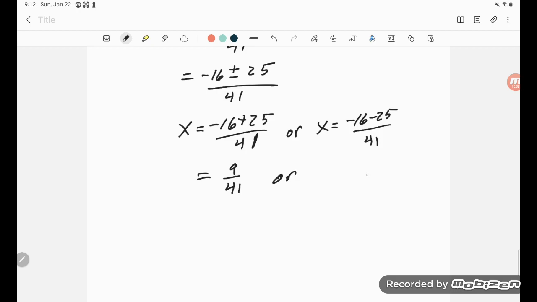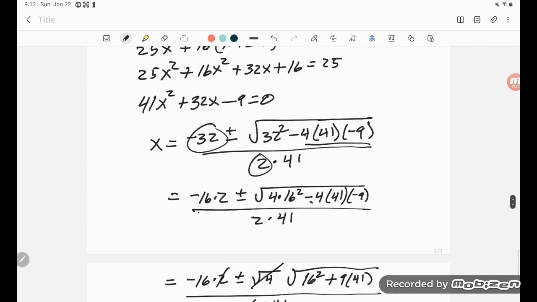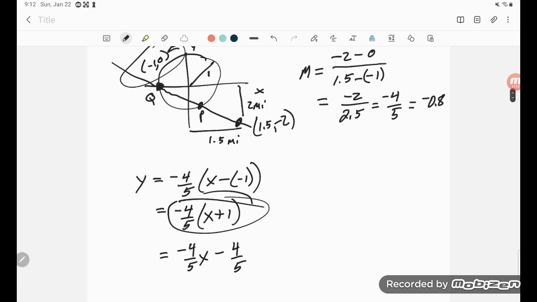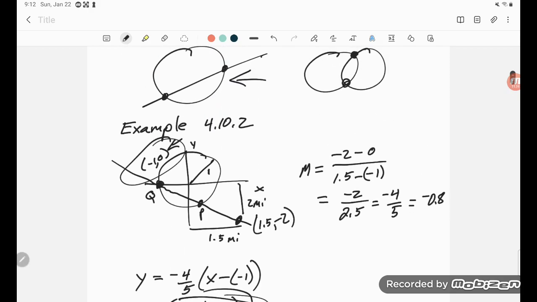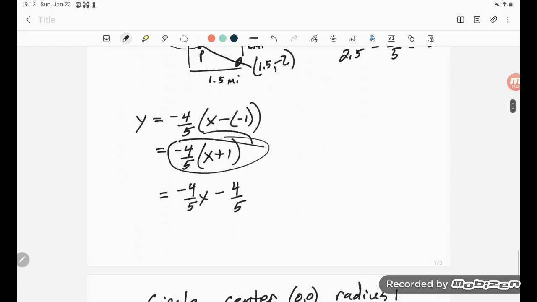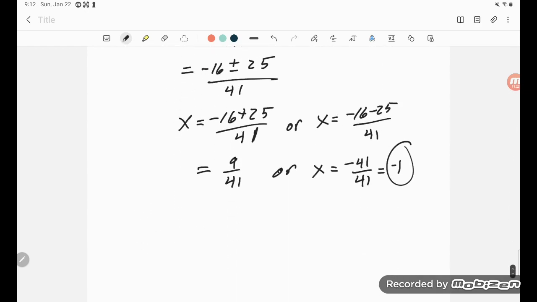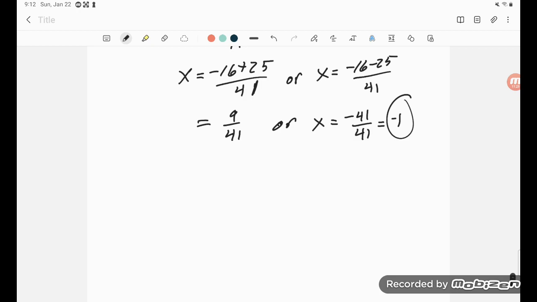Or I get x equals negative 41 over 41, which is negative 1. But see that, if I go all the way back up here, remember that was point Q there, x equal negative 1. So yeah, I'm really sure I did the calculations correctly. So I get x equals negative 1 for that one. That's the point Q. So this is the point I'm looking for with point P.